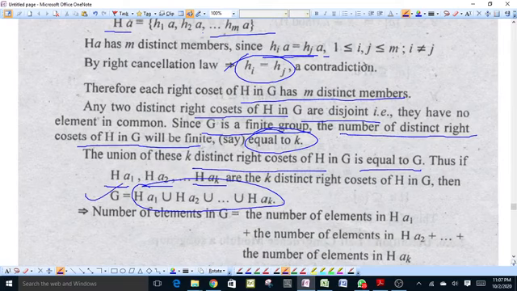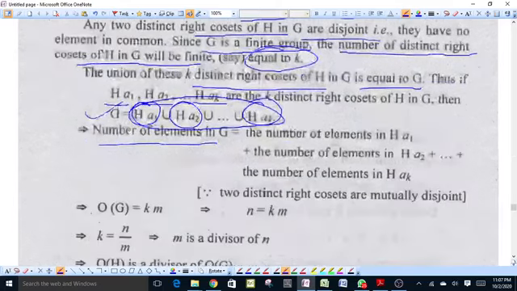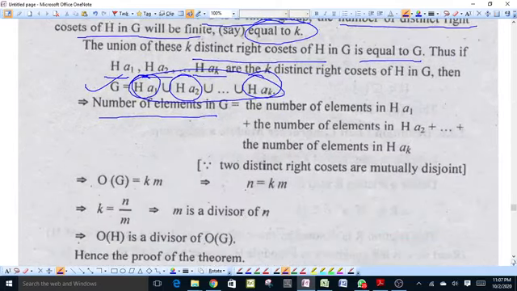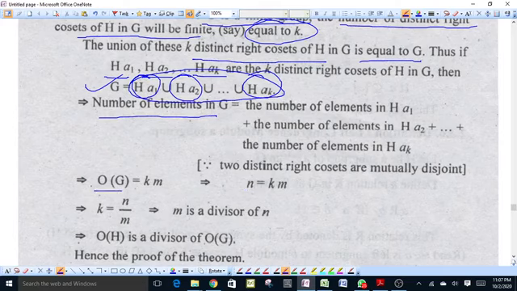Now, the number of elements in G will be equal to the number of elements in Ha1 plus the number of elements in Ha2 plus ... plus the number of elements in Hak. That is, the order of G will be equal to k times m, because each right coset of H in G contains m elements and we have k right cosets.